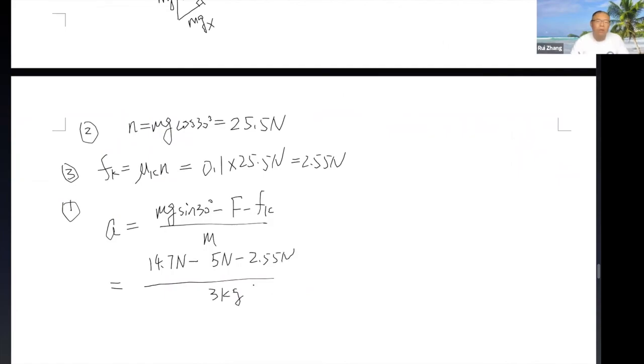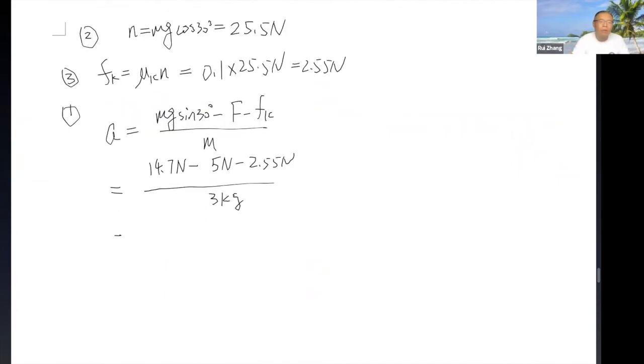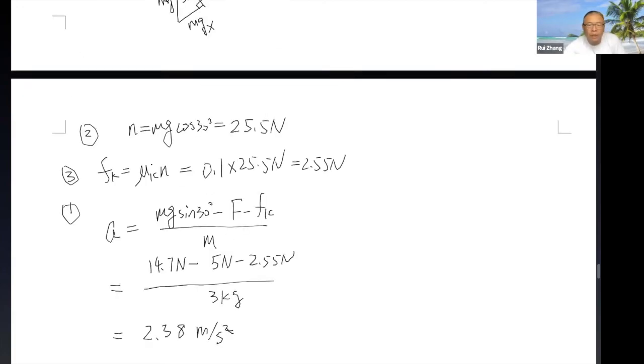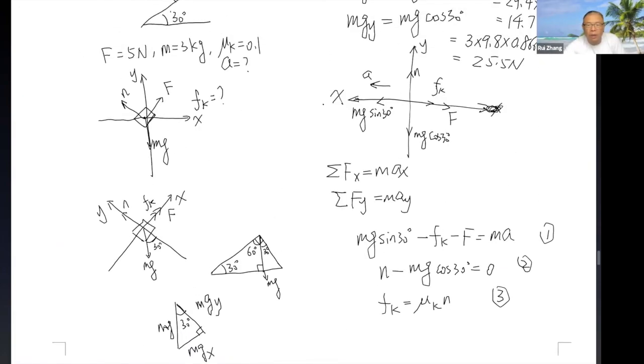So plug all these numbers into the calculator: 14.7 minus 5 minus 2.55, and then divided by 3, we got 2.38 meter per second squared. Now it's positive, so based on the definition of our coordinate system, it's going downward. So it makes sense.